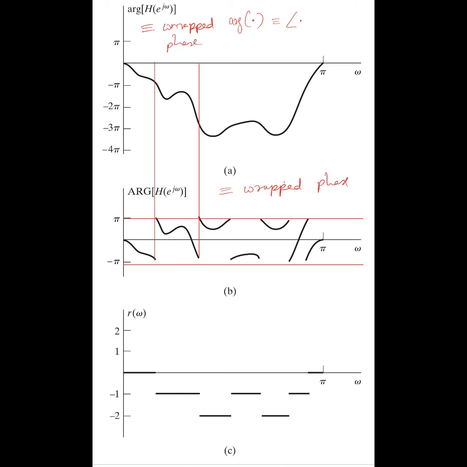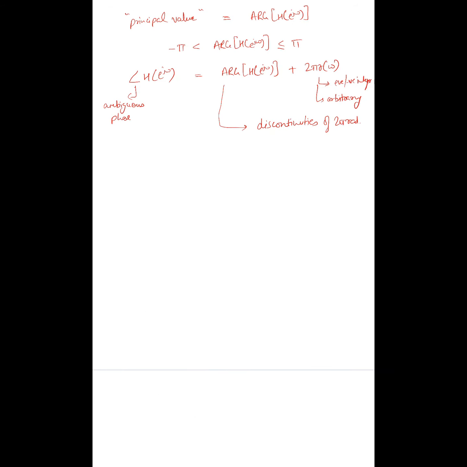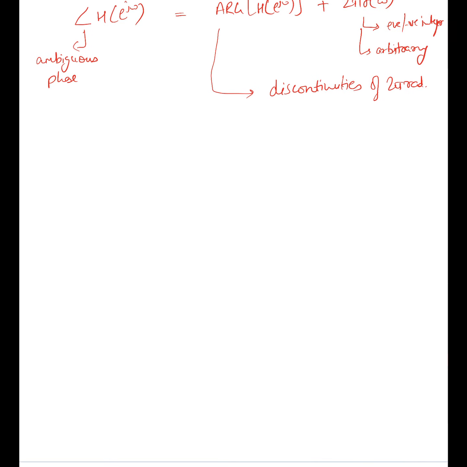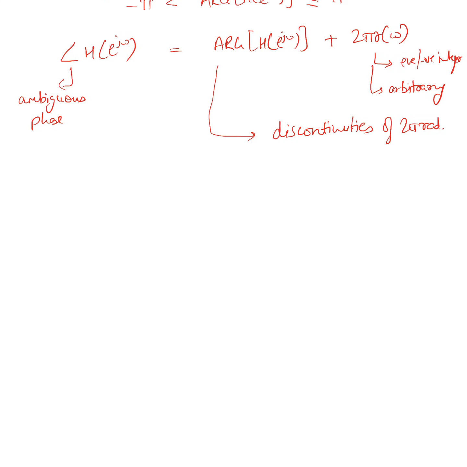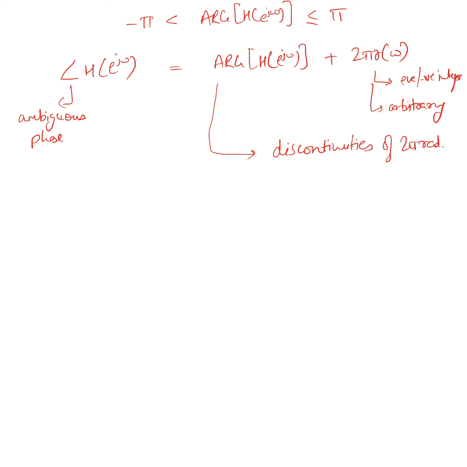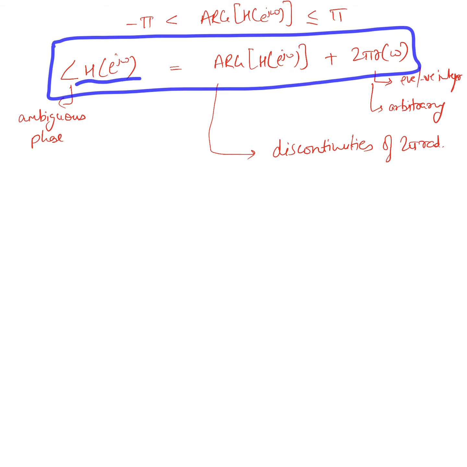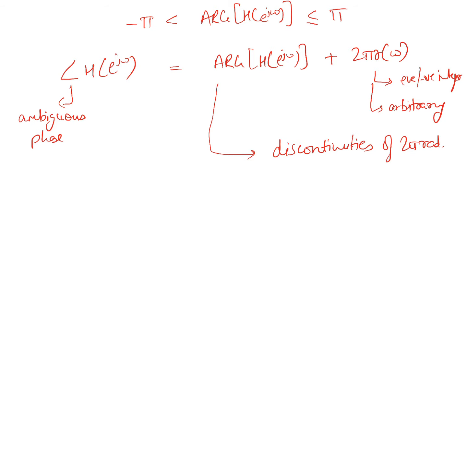This would be the continuous unwrapped phase, while the wrapped phase is possibly discontinuous. So this is one illustration to see the relationship in this equation, how for any given phase response its principal value looks, and how this 2 pi multiple looks.